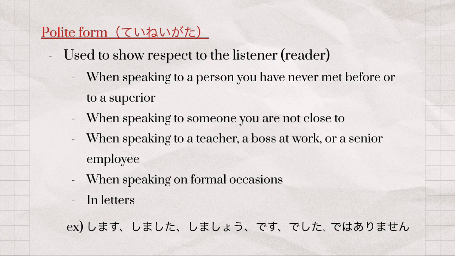So this is used when speaking to a person you have never met before or to a superior, when speaking to someone you are not close to, when speaking to a teacher, a boss at work, or a senior employee, anyone who's older than you, and when speaking on formal occasions such as a conference or something special. And lastly, it is used in letters.